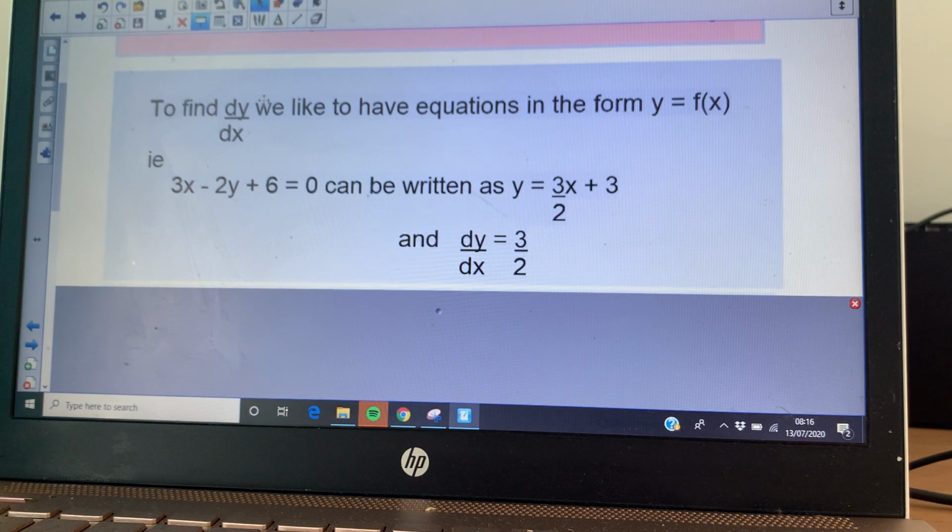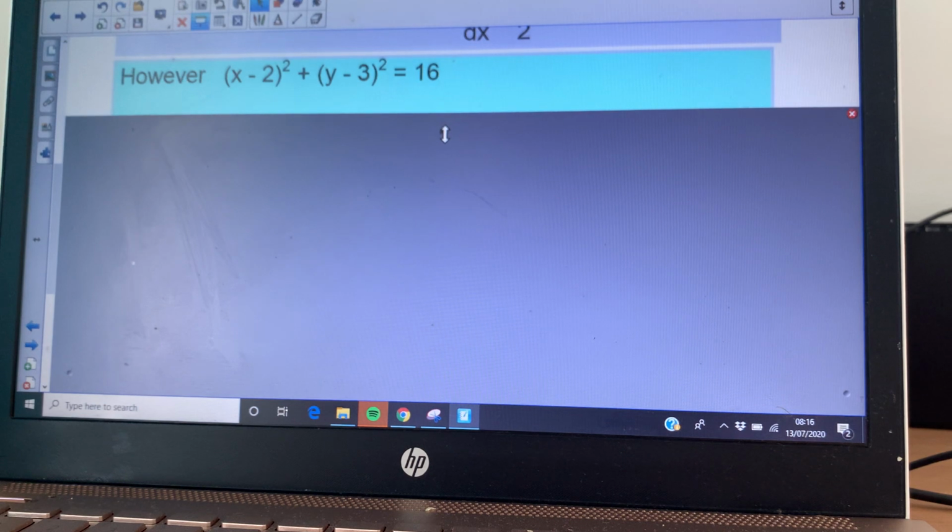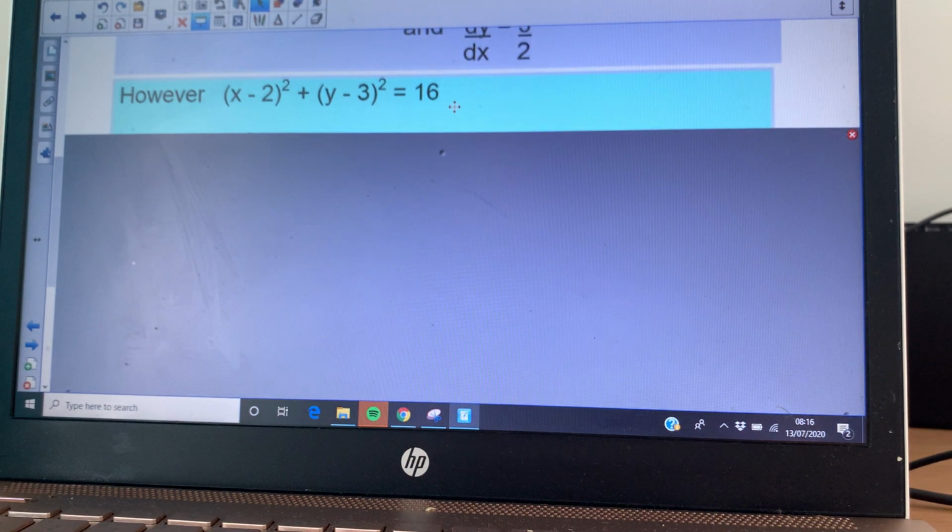Other than the dy/dx, you would have done that at GCSE in the whole y equals mx plus c thing. However, here we now have an example of an equation expressed implicitly that is much more challenging to express explicitly.